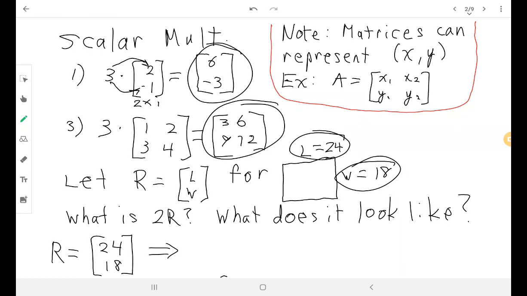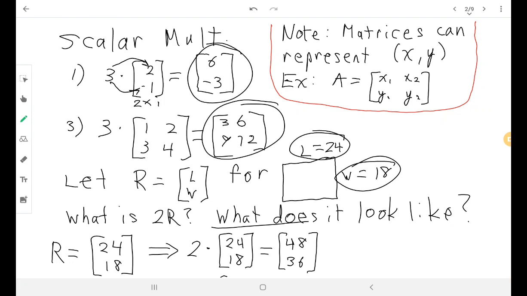So if we know R, then 2 times R is 2 times this 2 by 1 matrix, 24, 18. And then you just distribute the 2, so 2 times 24 is 48, and 2 times 18 is 36.